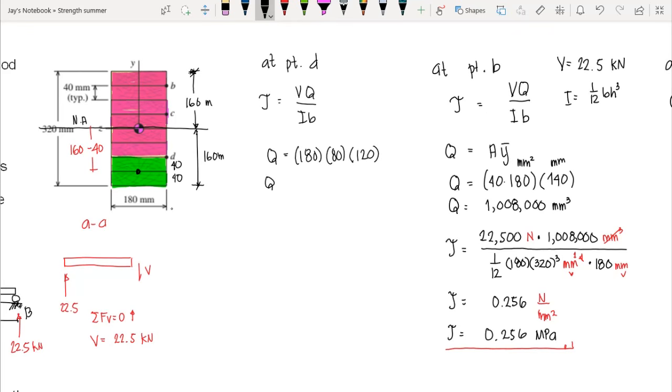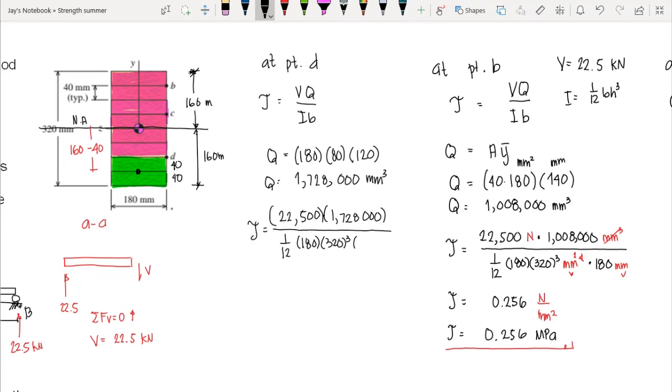So we have our Q here that is equal to 1,728,000 cubic millimeter. So our shear stress is equal to V, the shear area, 22,500 times our Q, 1,728,000, over I, that is 1 over 12 base 180, height is 320 cube.